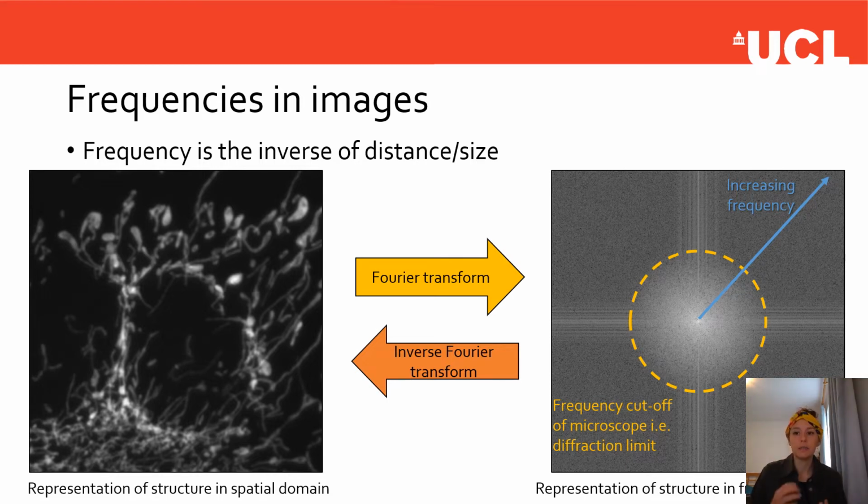And to show you this, I'm actually going to show you a movie where we make images just from different parts of our Fourier domain, just to get you comfortable with the idea that it's the same information and different parts of our Fourier transform represent different size structures in real life.